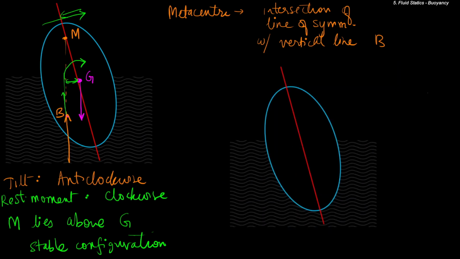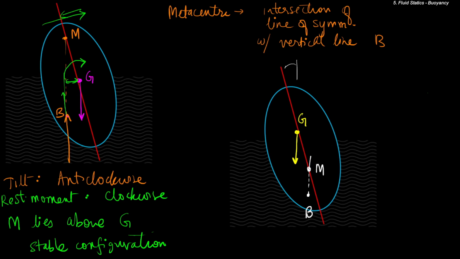Let us look at the other case where you have G over here, but say the point B is over here. So we draw a vertical line through B and it intersects the line of symmetry over here, and this is called the metacenter.